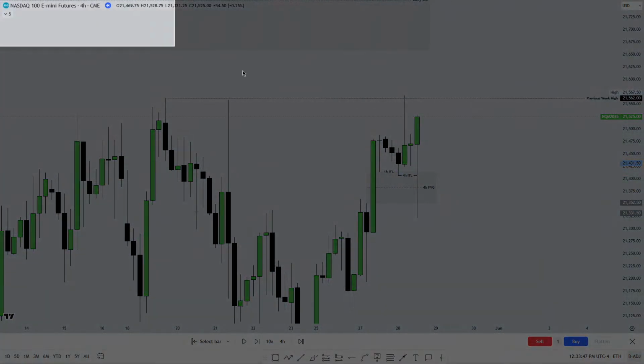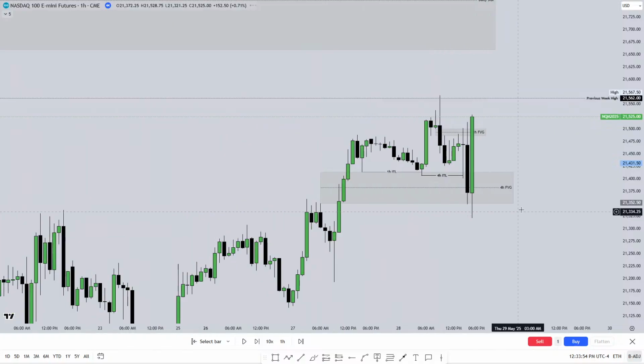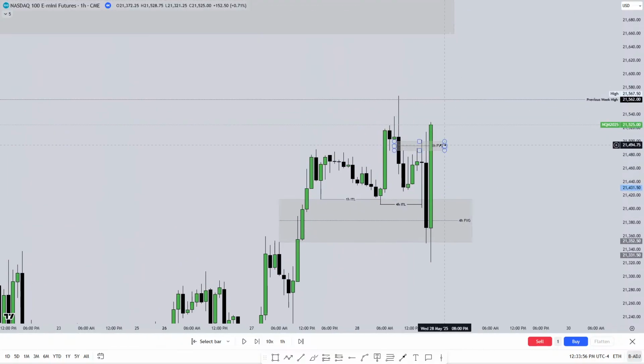Okay, so this 4 hour was meaningful. This 1 hour was meaningful. Because it really just engineered a bunch of liquidity in the morning to then have that manipulation in the afternoon right there.